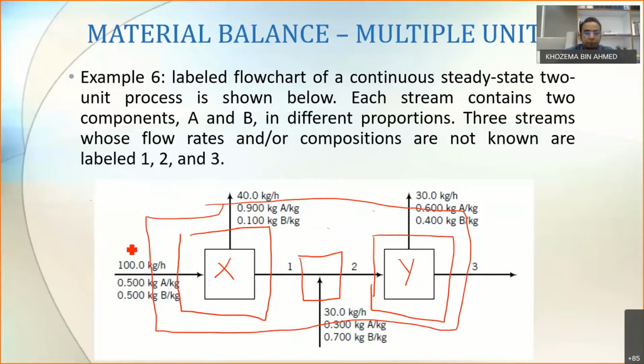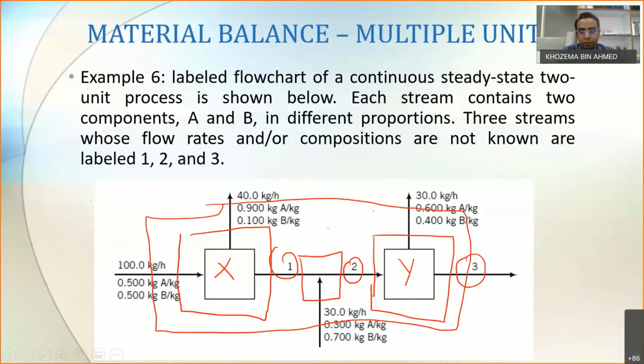If you have 4 systems, this is where degree of freedom analysis is very important. You have to make sure all your information is there, and only then try to solve for the overall and for each system. Here we have to find the flow rate and mass composition of number 1, 2, and 3.